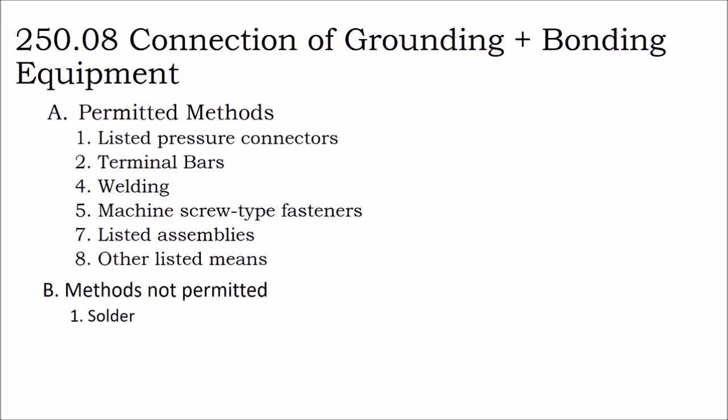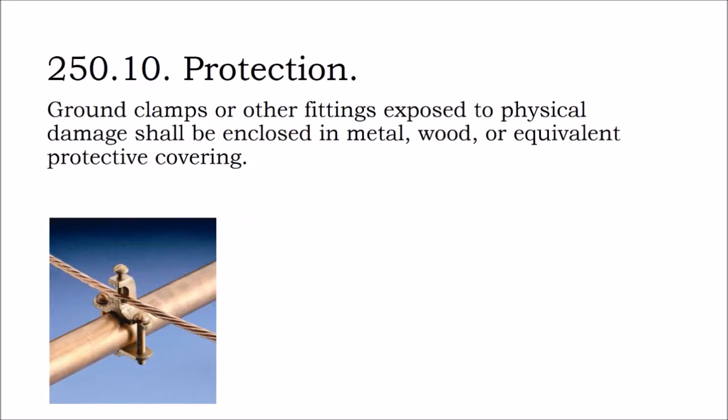Pretty much the only kinds of attachment that can't make a ground path between two pieces of metal are butting them up next to each other, just touching them, or solder. Here we have a grounding wire connecting to a piece of copper. Now it's a ground clamp. That's a ground clamp.